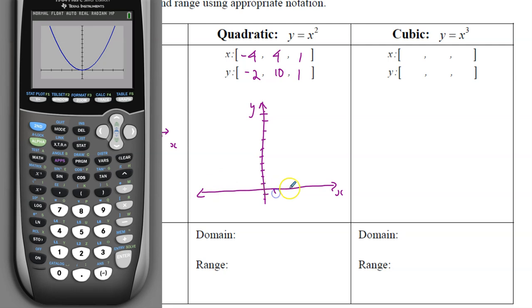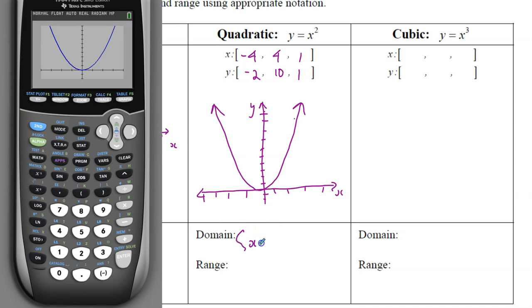And here just 4: 1, 2, 3, 4, 1, 2, 3, 4. And 3 is 9, so it's going to go about to there. And on this side. Okay, so it's a decent-ish sketch.